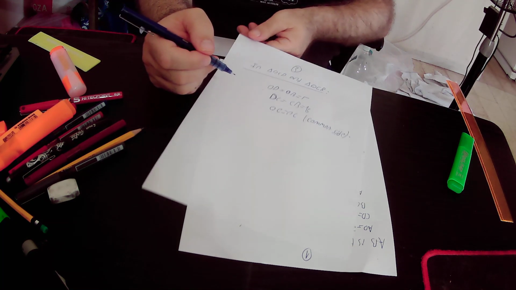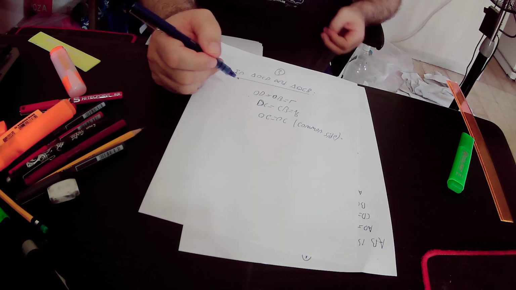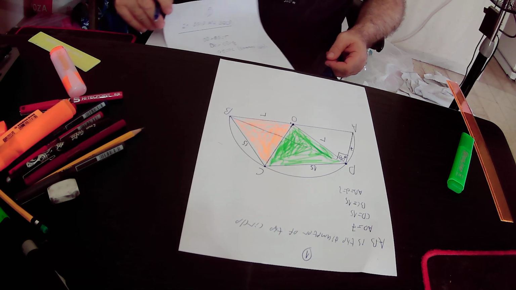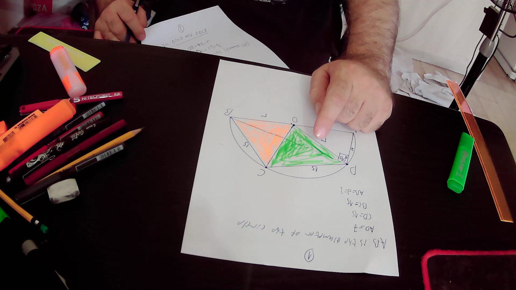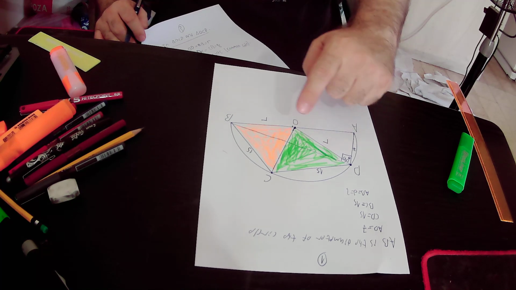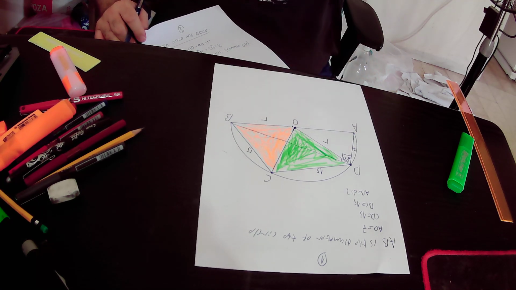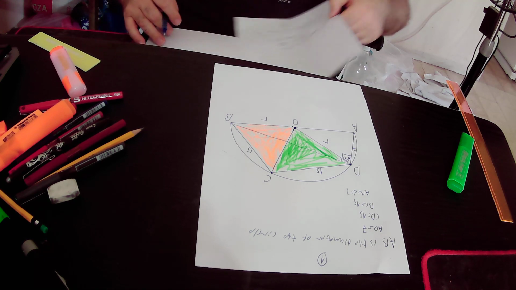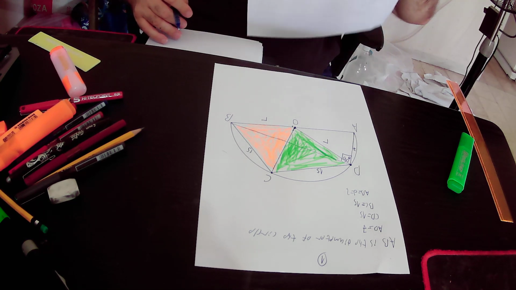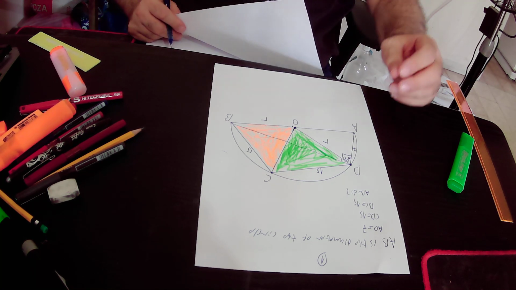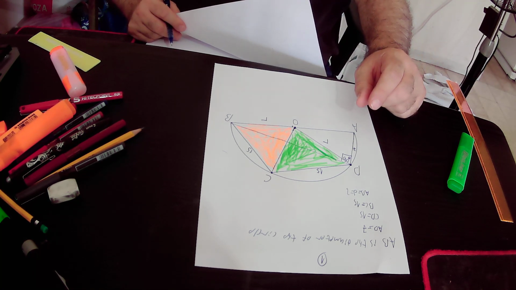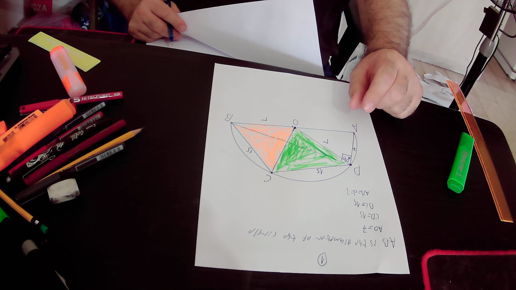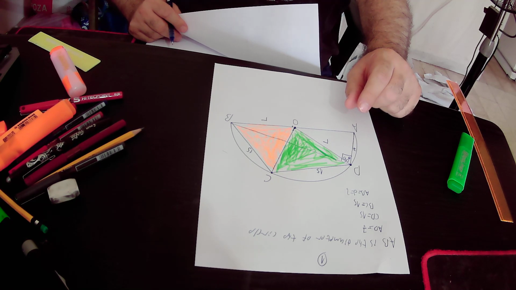So actually we proved that all the sides of the green triangle are equal to all the sides of the orange triangle. Therefore, the green triangle is congruent to the orange triangle according to the rule side, side, side. If you prove that all the sides of one triangle are equal to all the sides of the other triangle, then those two triangles are congruent to each other.